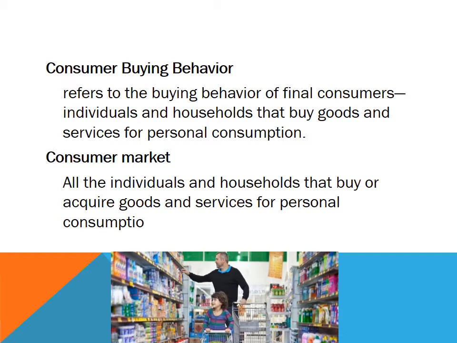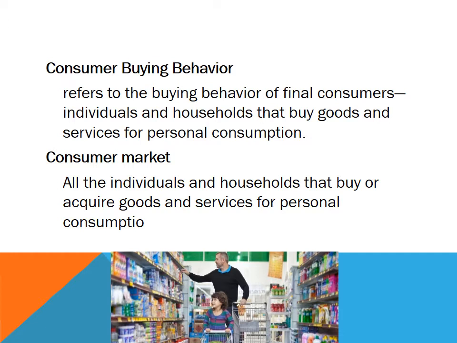Consumer market is all individuals and households that buy or acquire goods and services for personal consumption. So here we have to distinguish between consumer market and business market, because consumer market will only buy the product for their own consumption and for the family consumption.